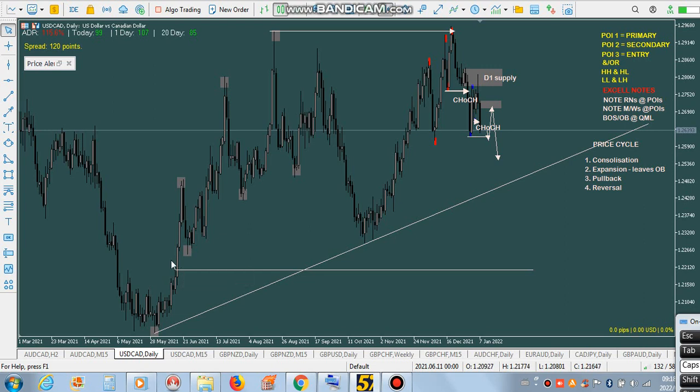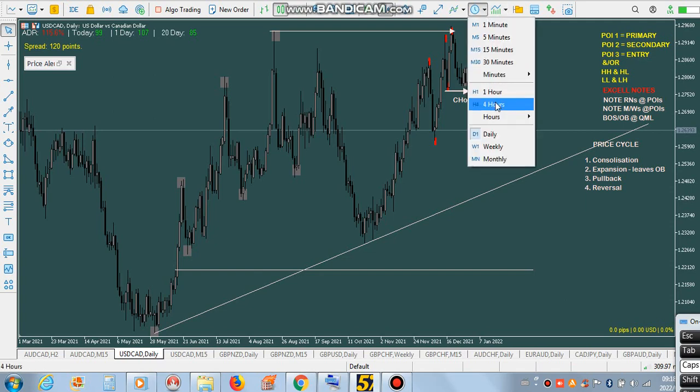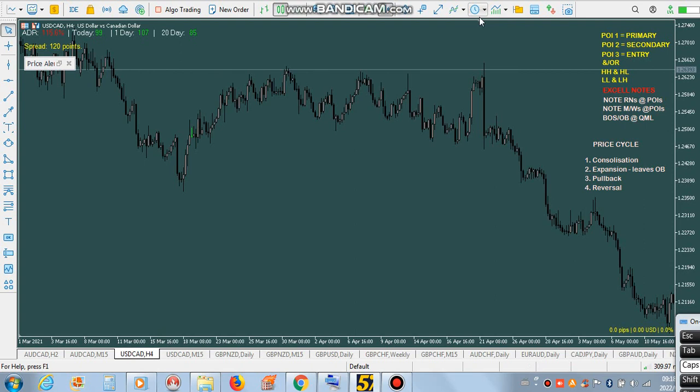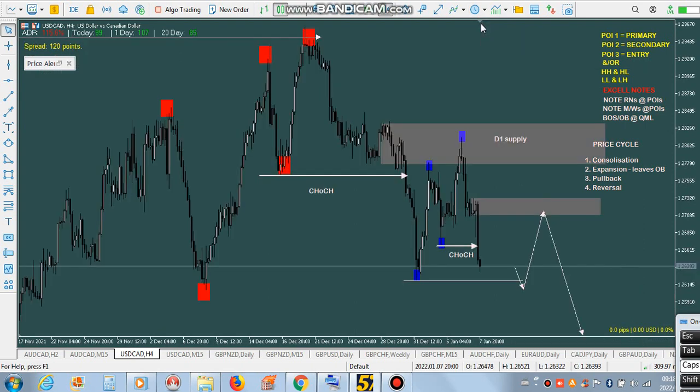Price might come to fill this imbalance if it continues to collapse. So guys, this is my thought process concerning the USD Canadian dollar. I am expecting to sell the market once the market opens and price confirms my entries.